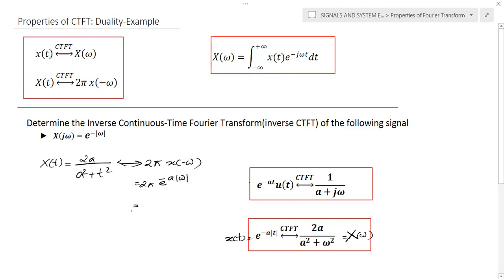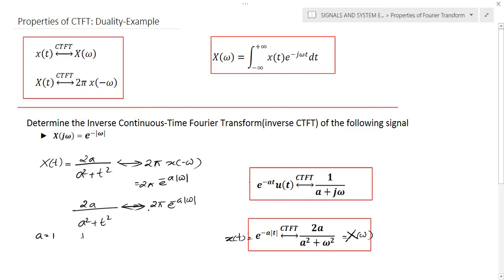Now we need to rearrange this. That is 2a by a square plus t square, and the continuous time Fourier transform is 2 pi into e raised to minus a modulus of omega. Now in this particular question, it is given e raised to minus modulus of omega. So we can rearrange this, so that a is equal to 1, and 2 will be cancelled.